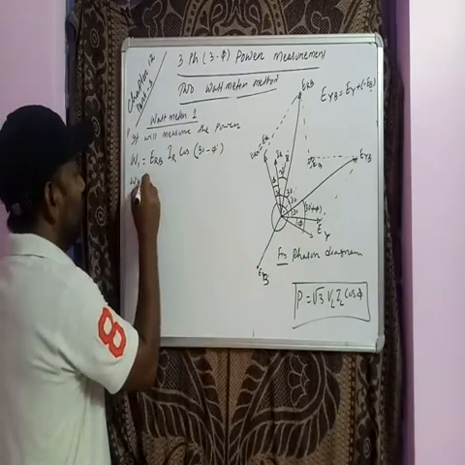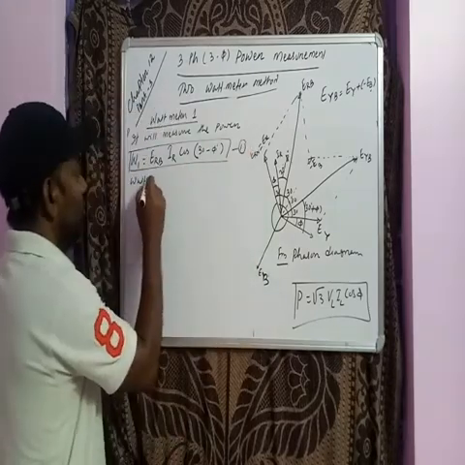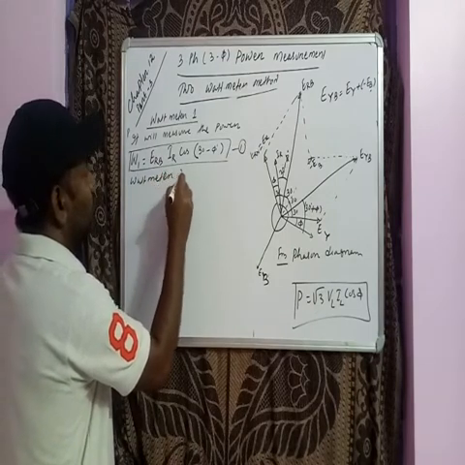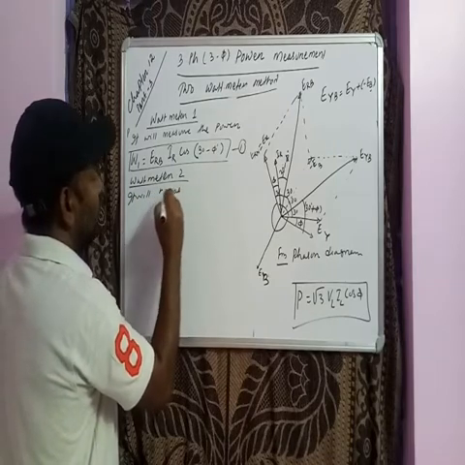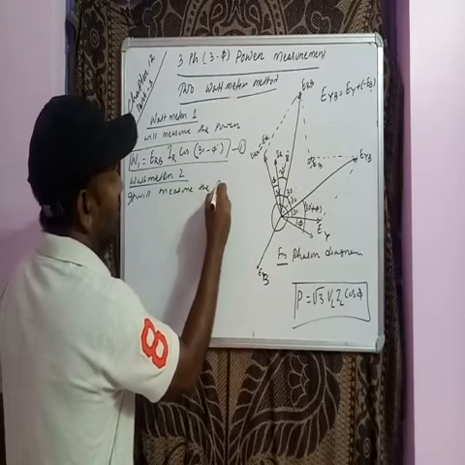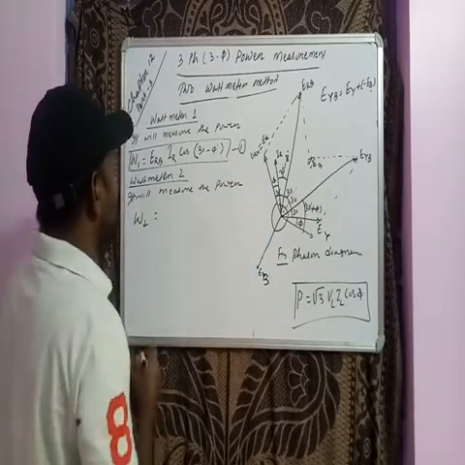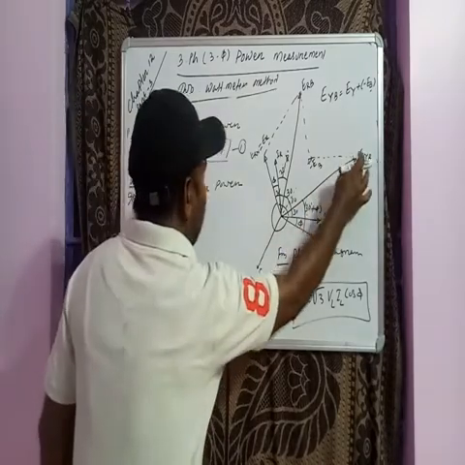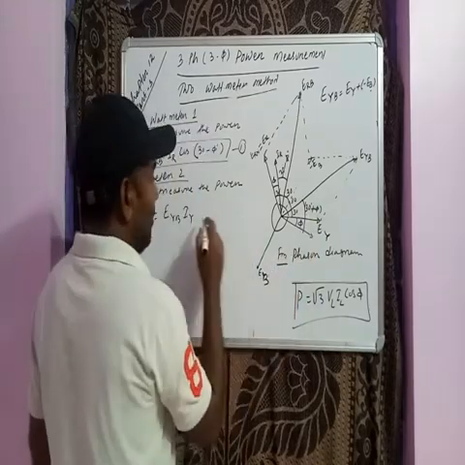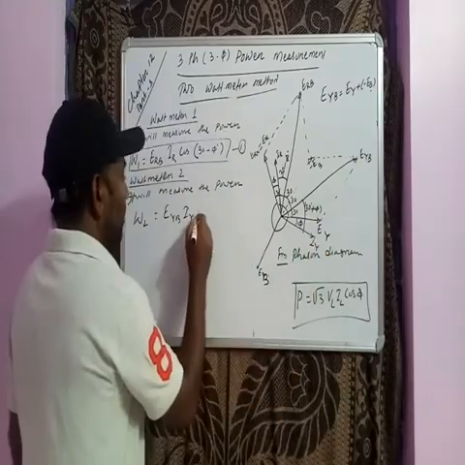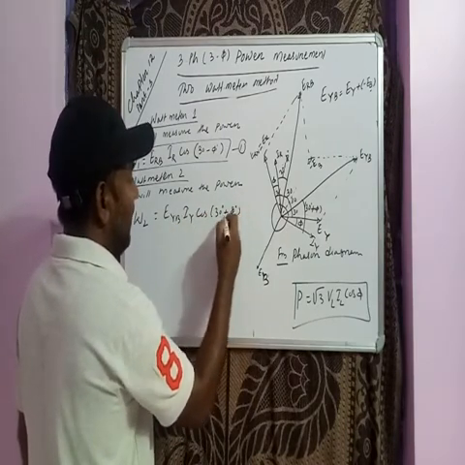This is equation 1. Similarly, wattmeter 2, it will measure the power, W2, that is equal to EYB into IY, this is the current IY, into cos of angle between these two, 30 degree plus phi.